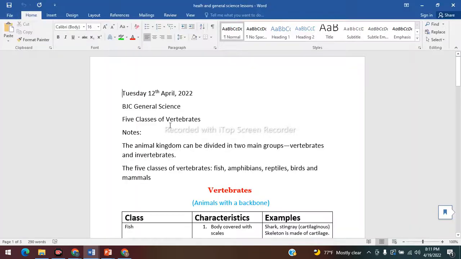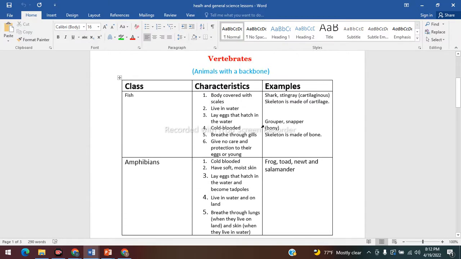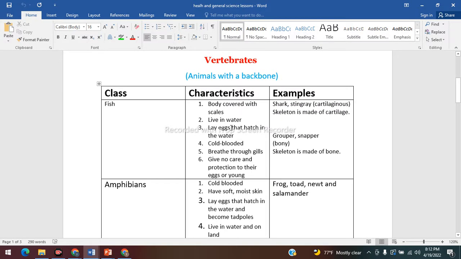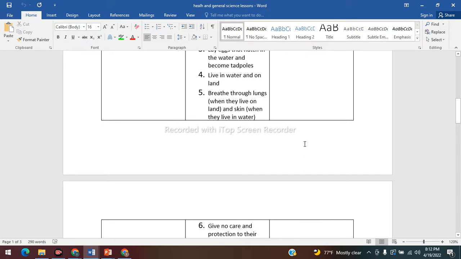So that's what we learned last class, and then we were discussing their various characteristics. So vertebrates are animals with a backbone, and we listed the criteria. We talked about the fish, how their bodies are covered with scales. They live in water, cold-blooded. We gave some examples. Then amphibians, all this is last class stuff.